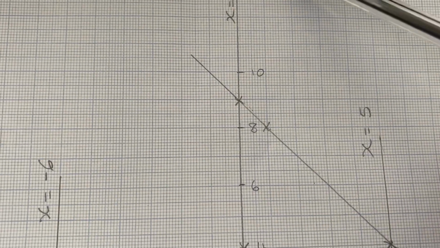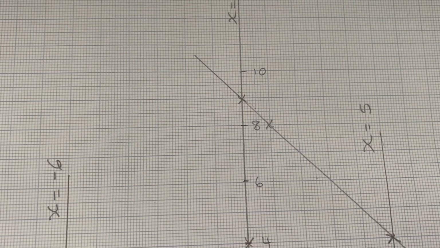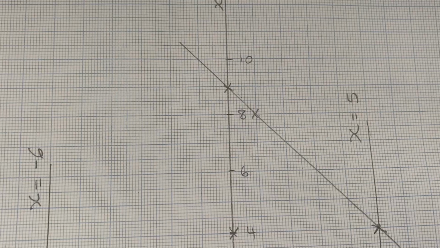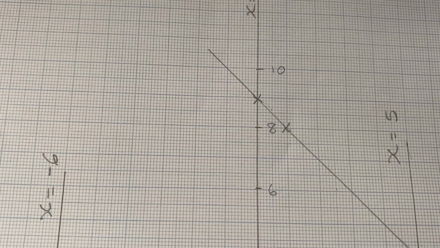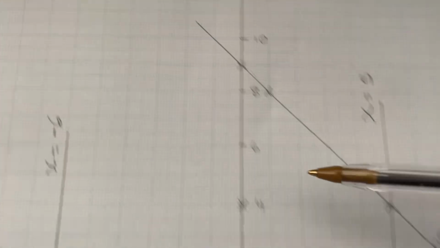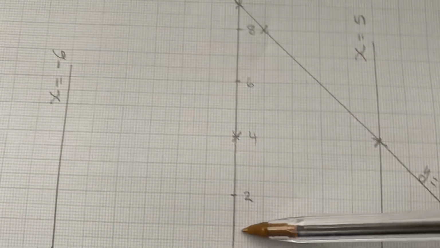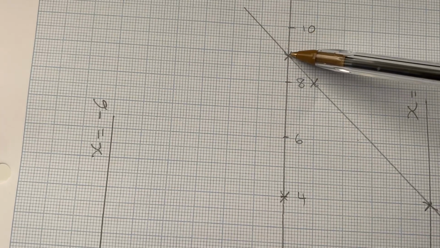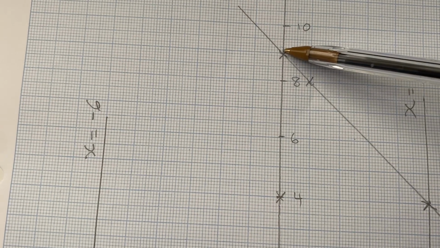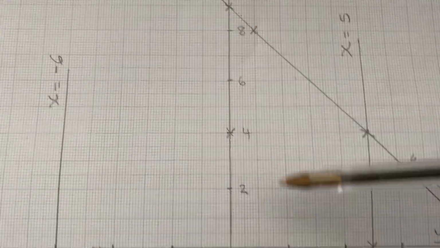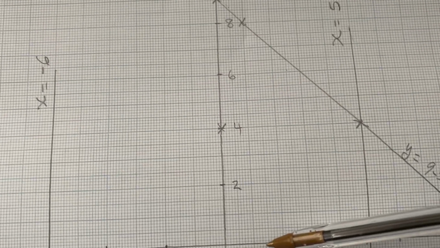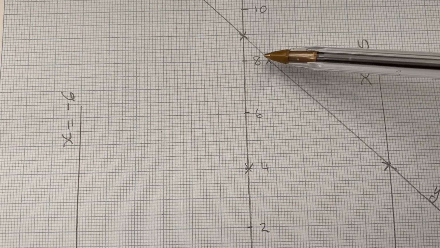Okay, so the points we have for y equals 9 minus x. The first one we got (0, 9). So 0 for x, 9 for y. So that's our first point. And then we said when x is 1, y is 8.